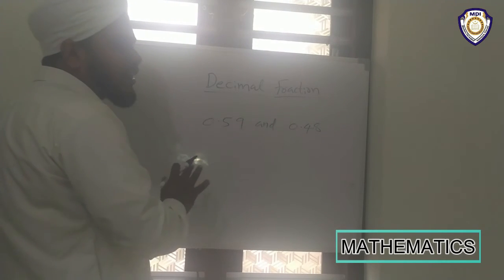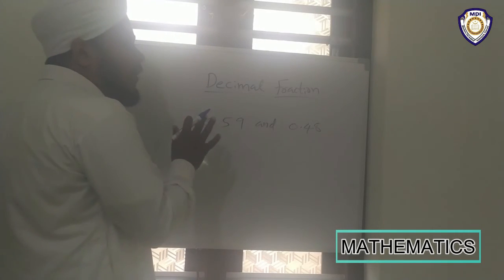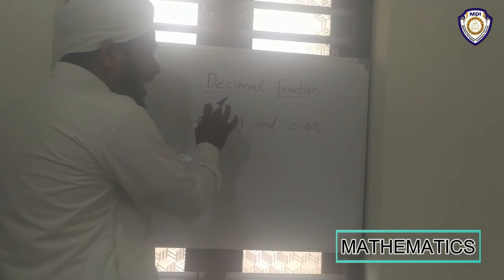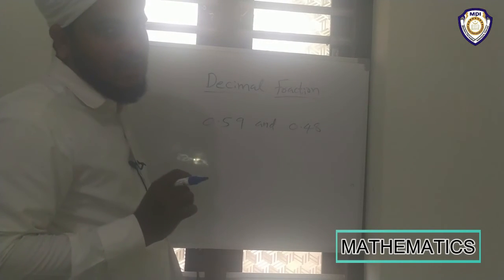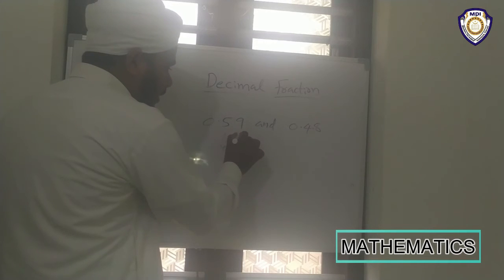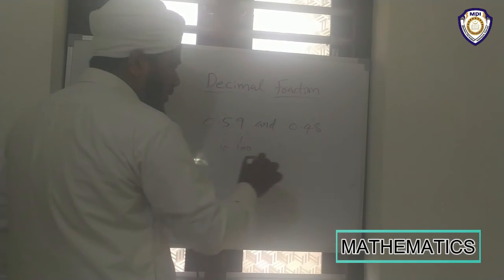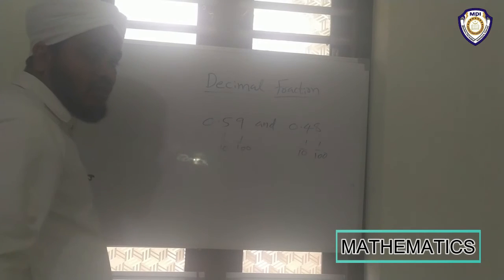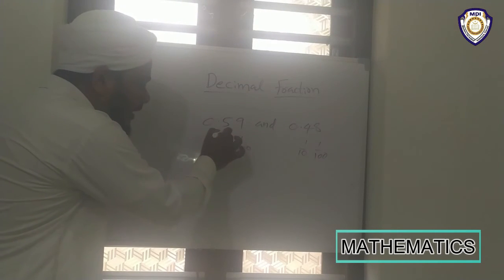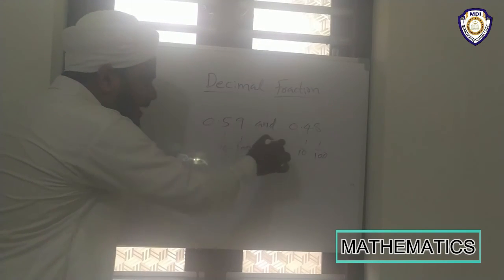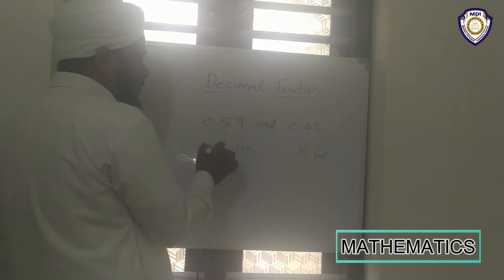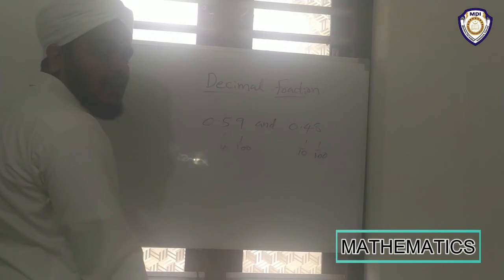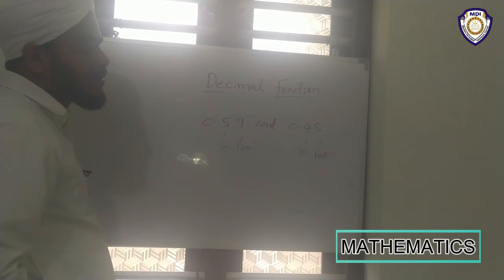Here there is no whole number, so we cannot compare the whole number part. Then the next step, we have to compare the digits at the place of tenths, 1/10, and 1/100 are the place values. Here 5, here 4. 5 is larger than 4.